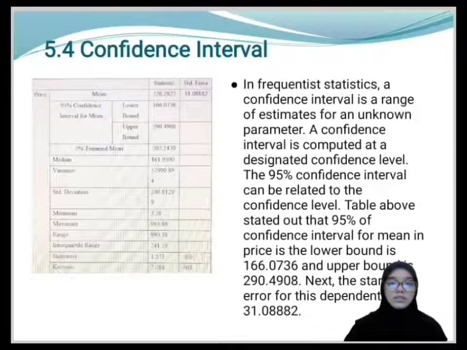The table above states that the 95% confidence interval for price has a lower bound of 166.0736 and an upper bound of 290.4908. Next, the standard error for this dependent variable is 31.08882.